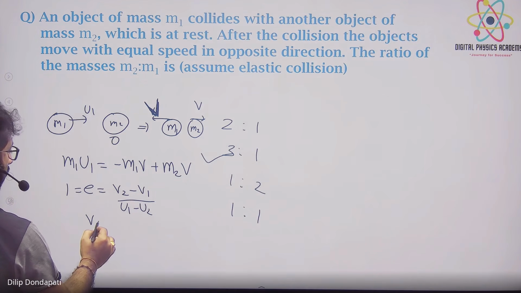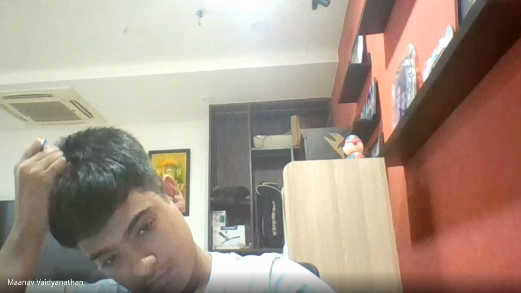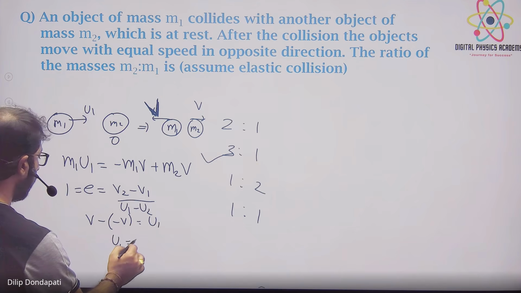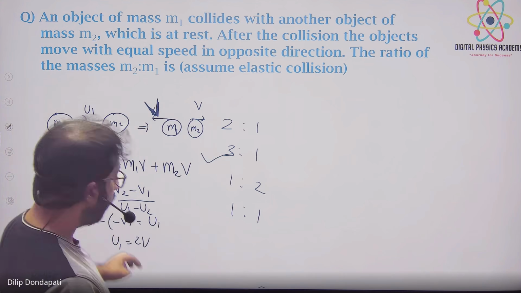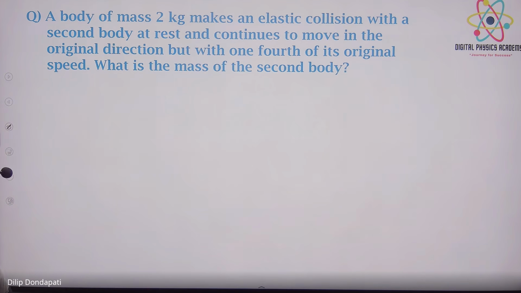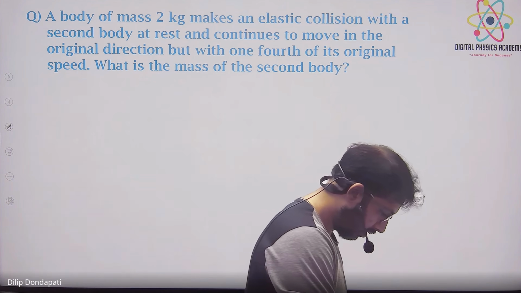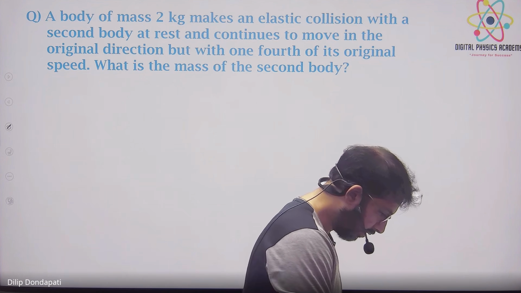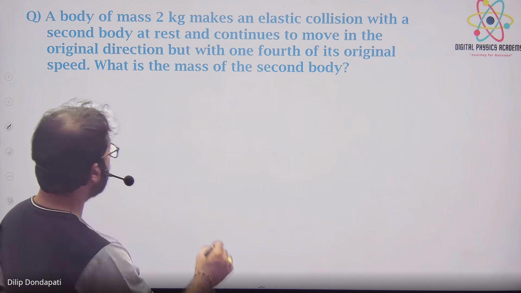Yeah, I got, sir, minus this, minus V. So U1 is equal to 2V will come. Substitute here, you will get the value of 3:1. Okay, let's go. Next. All the options. All methods same only.